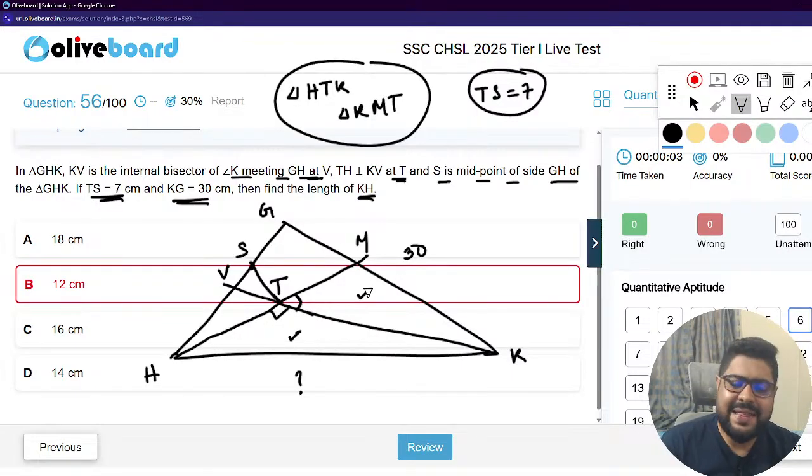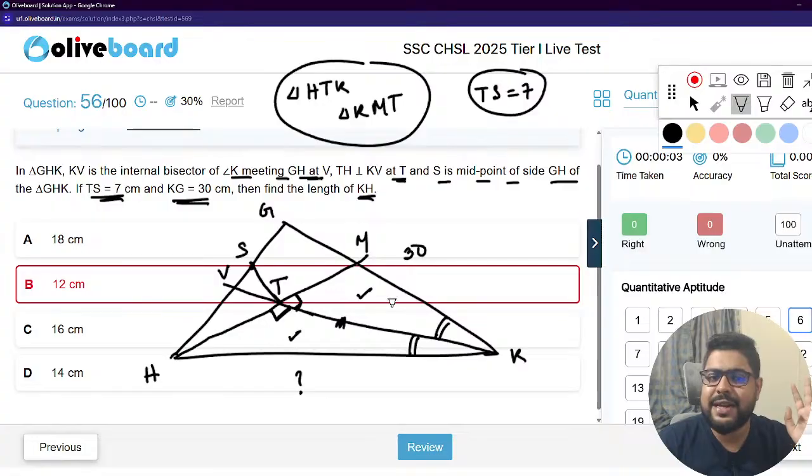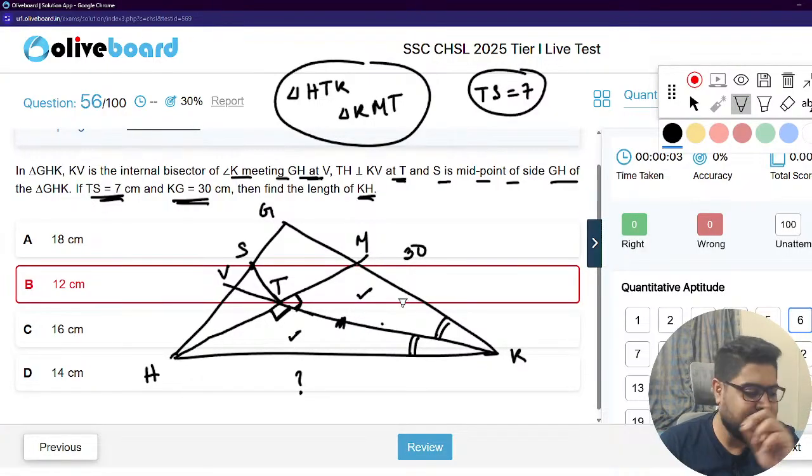Now these two triangles are congruent, because this angle is equal to this angle, as KV is the internal bisector. These two angles are also the same, both 90 degrees, and this is a common side. So these two triangles are congruent to each other.